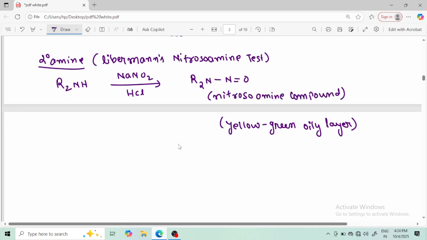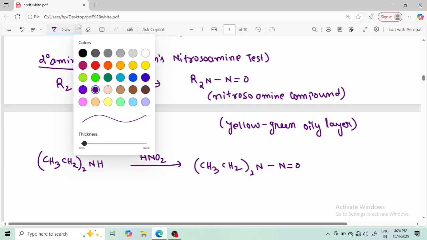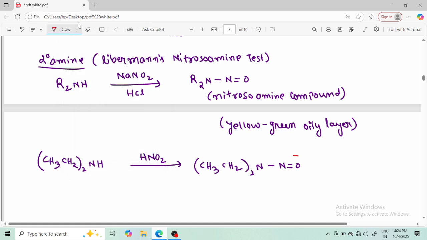Let's do some questions. Suppose I'm giving CH3CH2 NH and let's say it's reacting with HNO2. In its place you can write NaNO2 HCl also. What you have to do is remove one hydrogen, and in that hydrogen place you write this nitroso group, this whole part with the double bond.